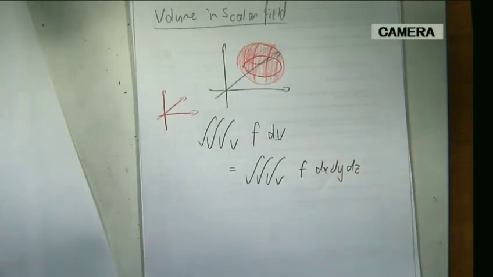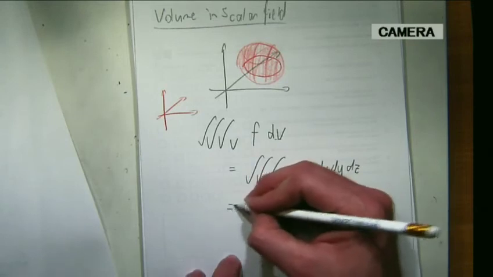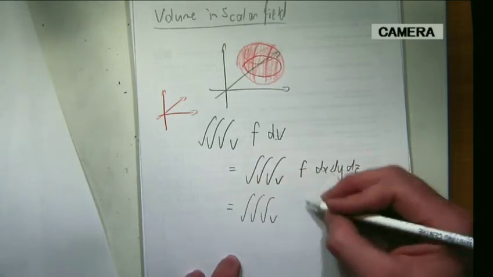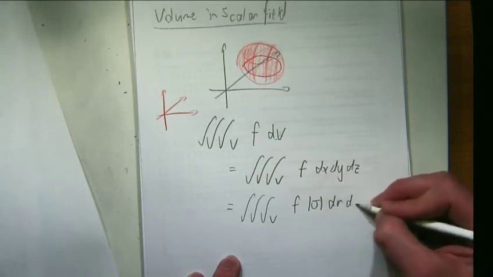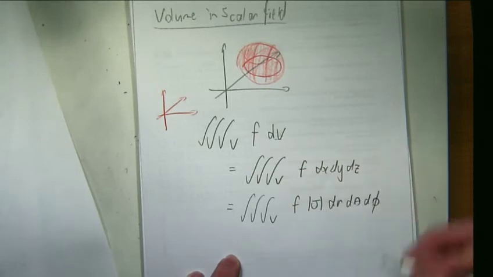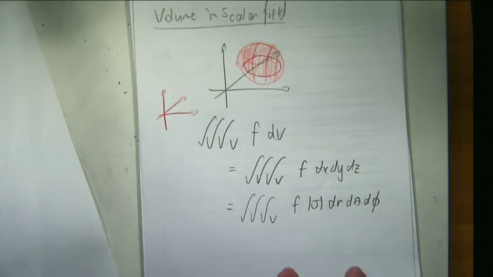And then there's this neat trick with a Jacobian where you can translate it into some other coordinate system and you'll get something like that. We did that in one of the assignments, didn't we? Yeah.